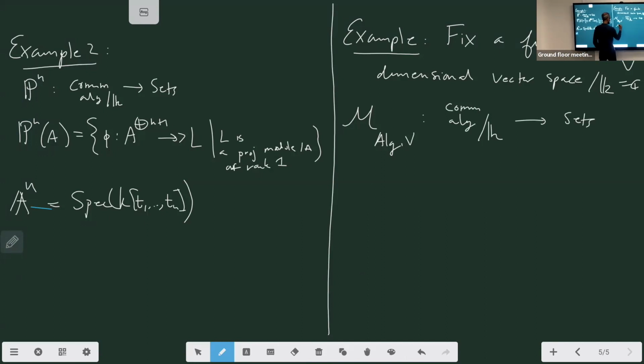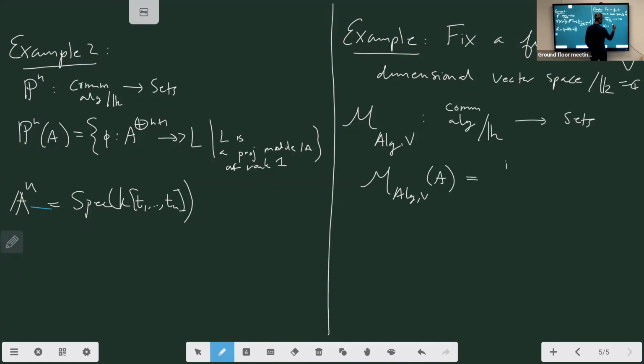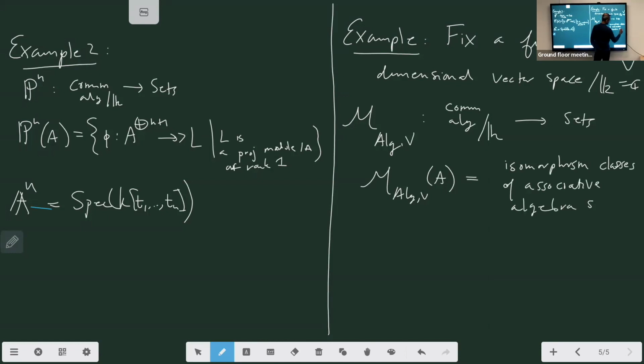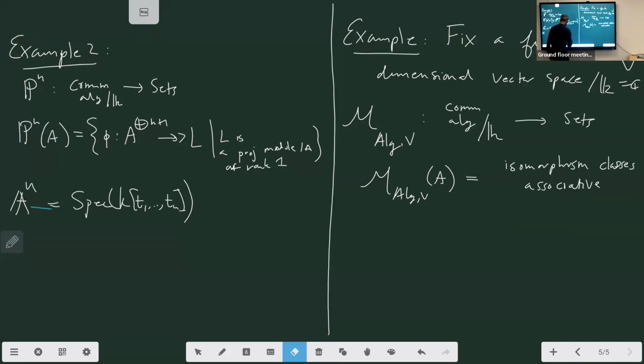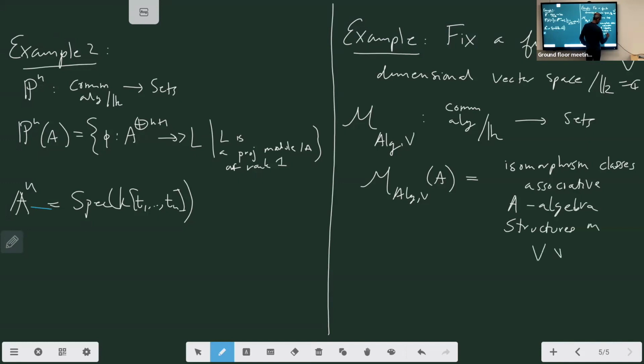It's going to be defined as follows: M_alg(V) of some A is isomorphism classes of associative A-algebra structures on V tensor A. Is it clear what that means?